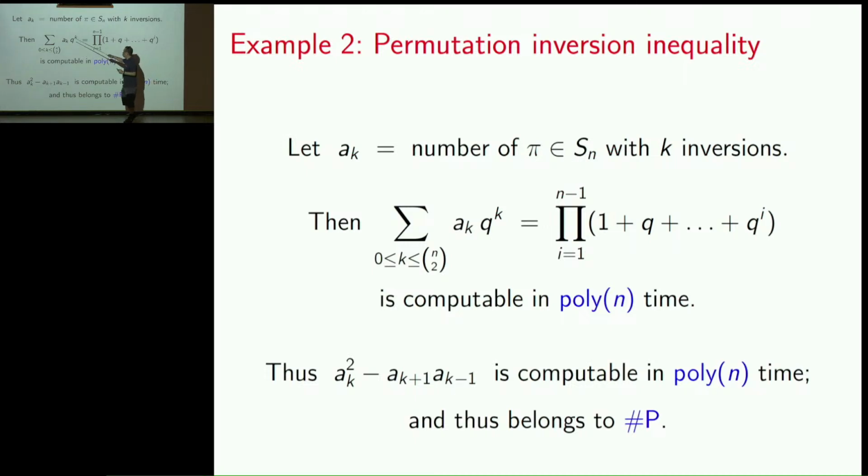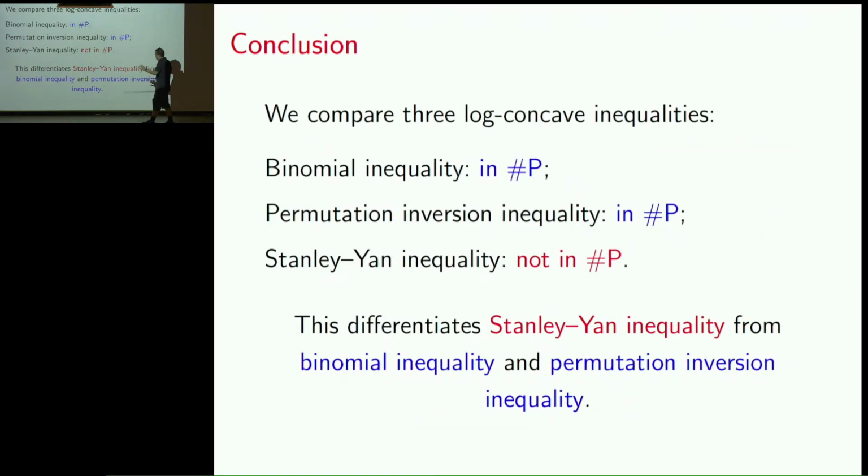And so you can also compute this difference in polynomial time. And there's a theorem in complexity theory that anything that is computable in polynomial time also belongs to sharp P.